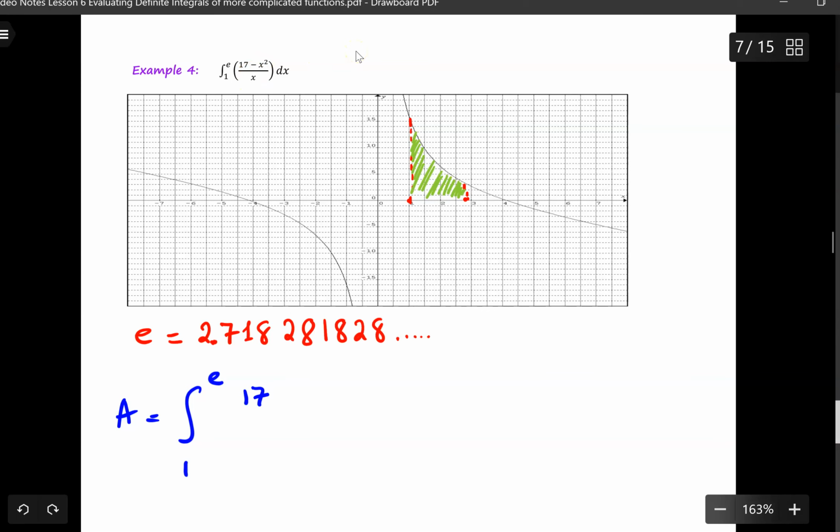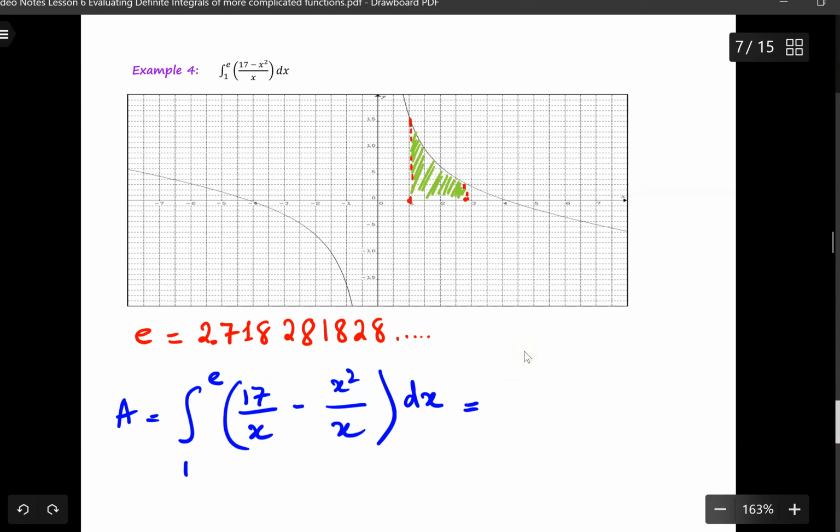So I will have 17 over x subtract x squared over x. We did a similar question with this type of integrand. However, we did that with an indefinite integral, and now we actually put in the upper and the lower limit.